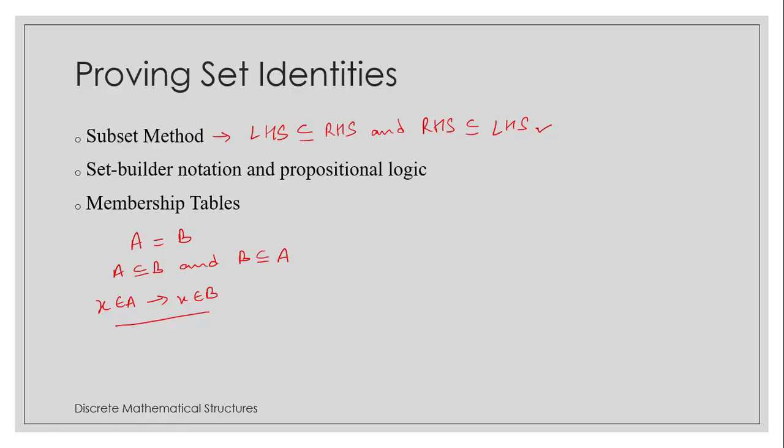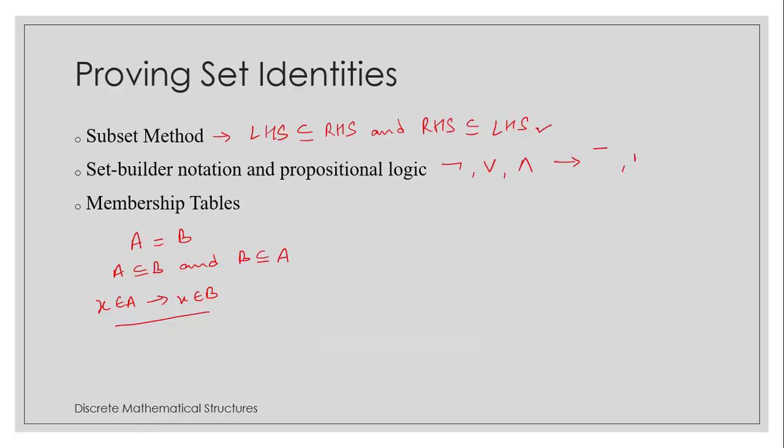Then second method is set builder notation and propositional logic. Now in propositional logic, we use three operators: negation, or, and. Corresponding to these, we have operators in sets which are complement. Complement corresponds to negation.